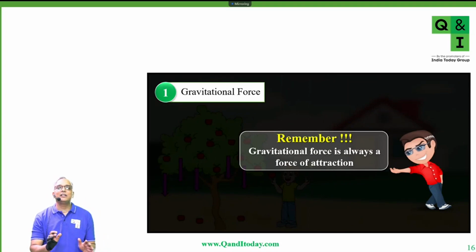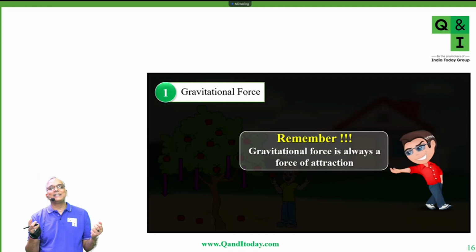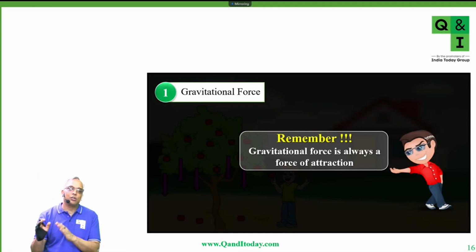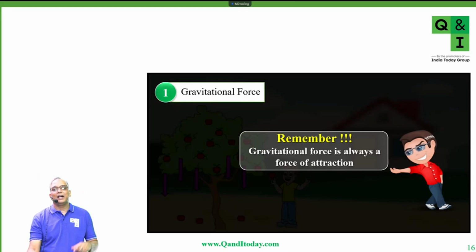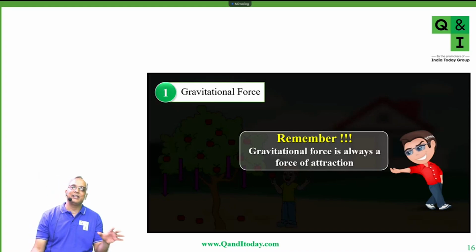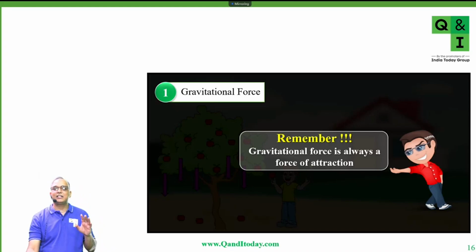Whenever two objects which have some mass are brought near to each other, they will attract each other. It is not repulsive, as in the case of electrostatic force and magnetic force, which can be attractive as well as repulsive, but gravitational force is always attractive.